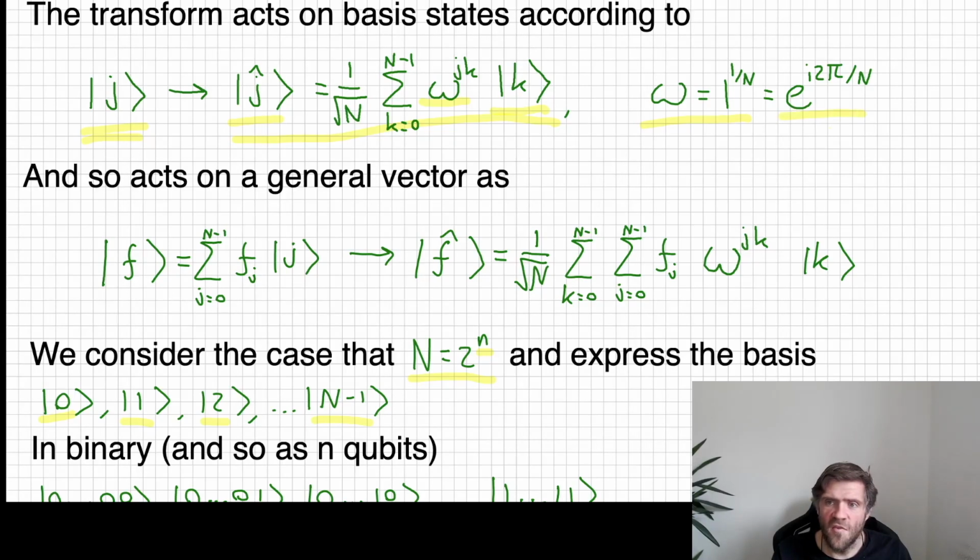They are e to the i 2 pi over N, and then we raise that to the power of j times k, where j is the basis state that we are performing the transform on, and k is the basis state that this phase is going to go in front of. And that j times k is just number times number. Nothing too complicated there. So if we substitute that into our general vector, we find it transforms general vectors in a big, horrible way, but it's just to have it there.